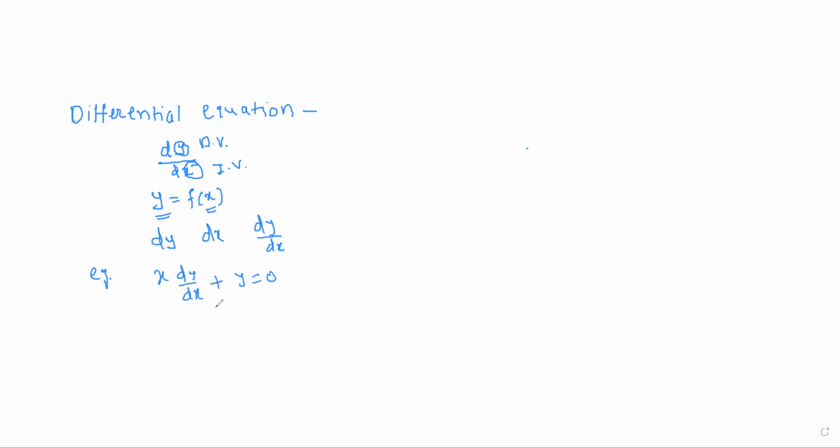This is differential equation. Or you can say sin x dy plus dx equals to 1. This is also differential equation as it is having some dependent variable, independent variable, and differential coefficient. Differential coefficient means dy dx like that.